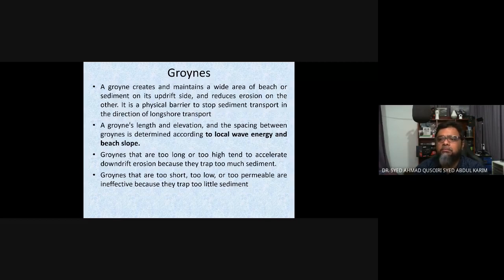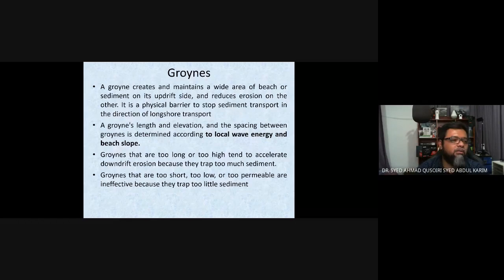So, perkara yang mempengaruhi hakisan tu ialah the groins length and elevation and spacing between the groins tu berapa jarak. Okay. So these are determined according to the local wave energy and beach slope.